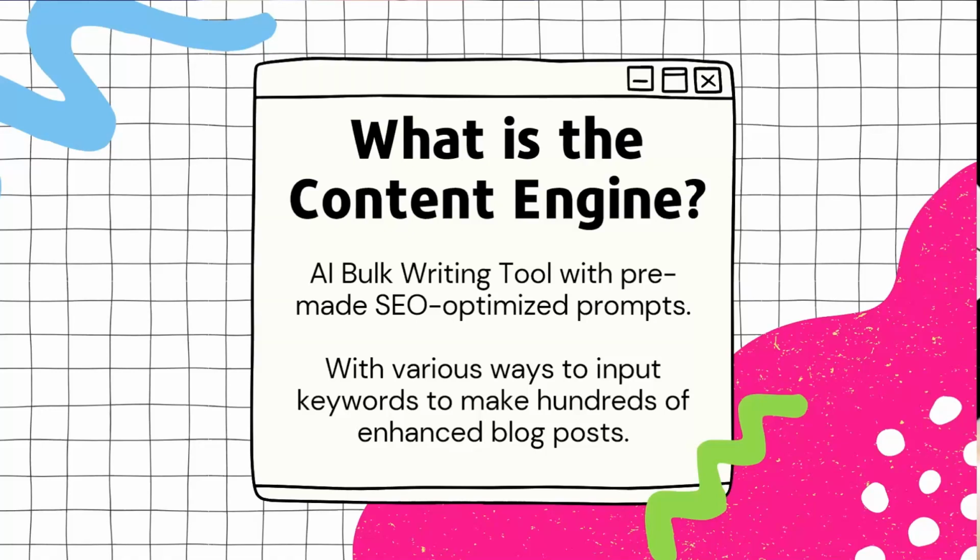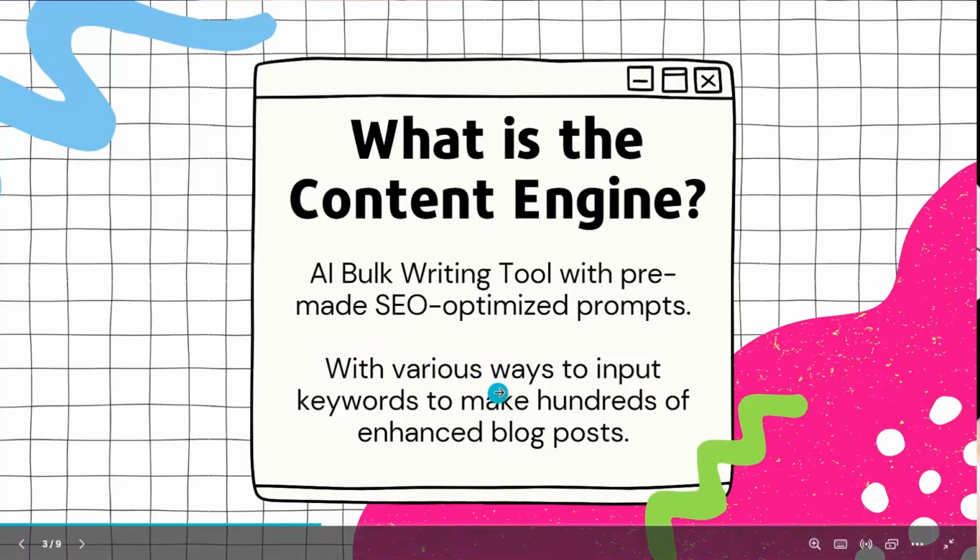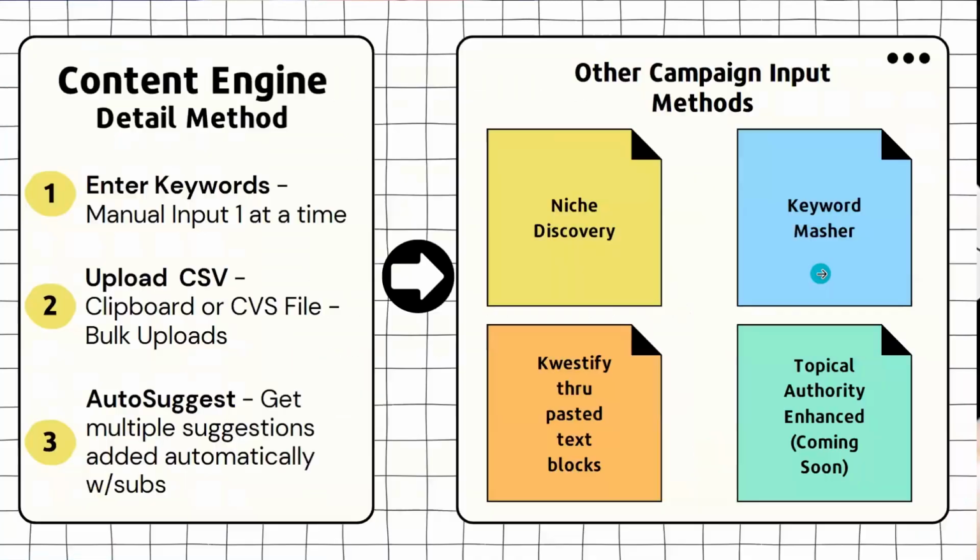Okay. We have various ways to input the keywords. Remember, we started with the goal of one keyword, bunch of posts into one site automatically. So we've got various ways to get those keywords in there. So a little bit more detail. The content engine itself, this is the detail method.